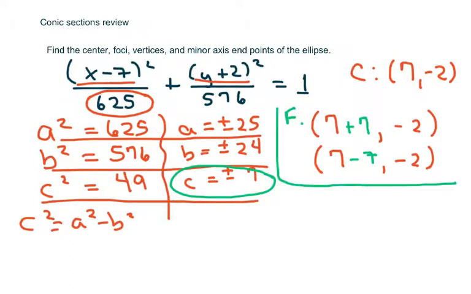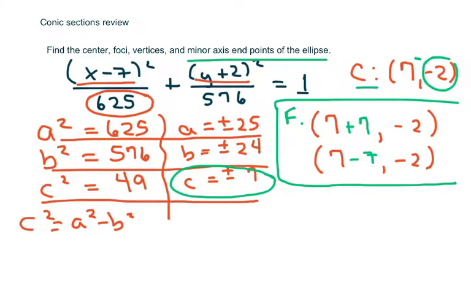Alright, and the only other thing we have to do is the minor axis endpoints of the ellipse. So basically what we're doing is taking the center here, and the minor axis is your y. So you're taking the negative 2 part and adding 2b to it.